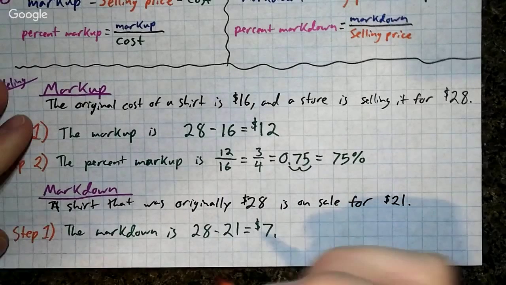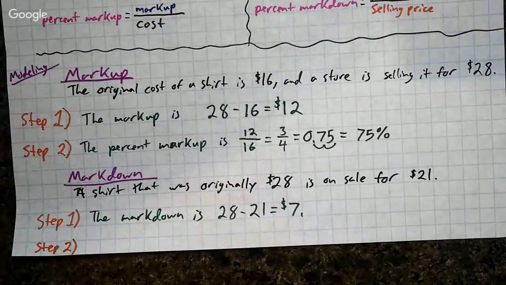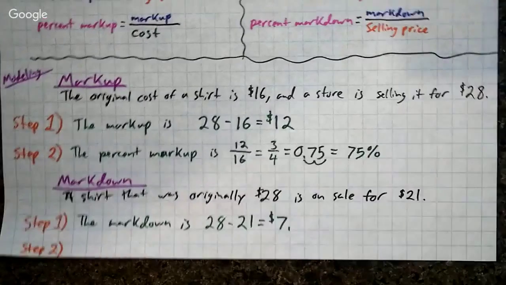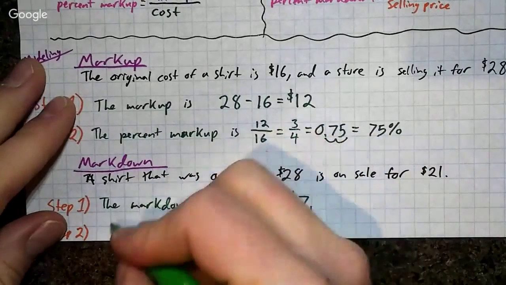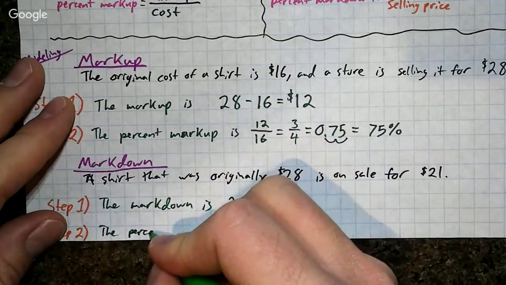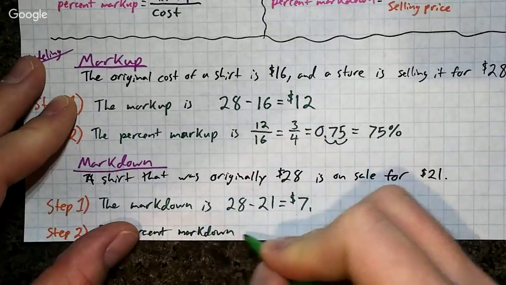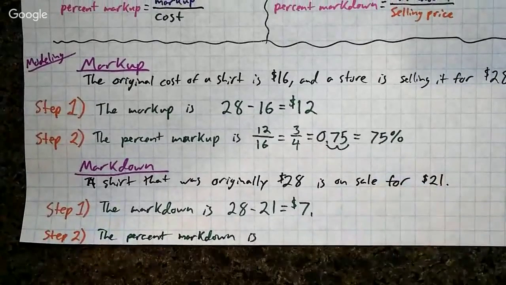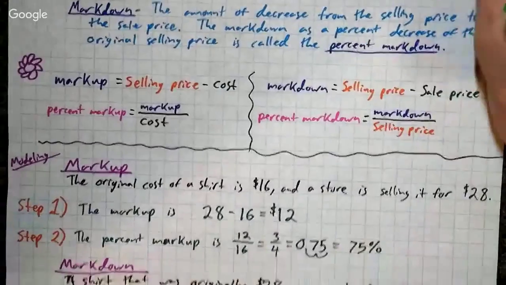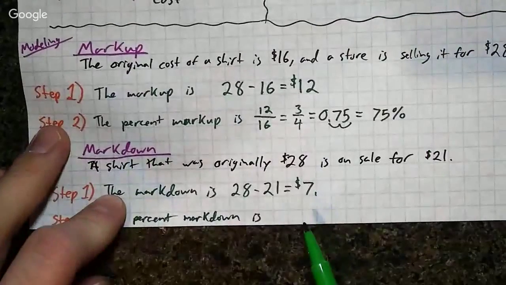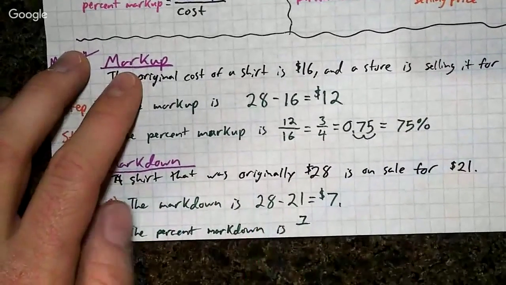Okay, now to step 2. Now, the more difficult part is to find the percent markdown. So here we go. The percent markdown is, well, what do we need to know for the percent markdown? Markdown over the selling price. Okay, well, we know what the markdown is now, which is 7, over the selling price, which is 28.